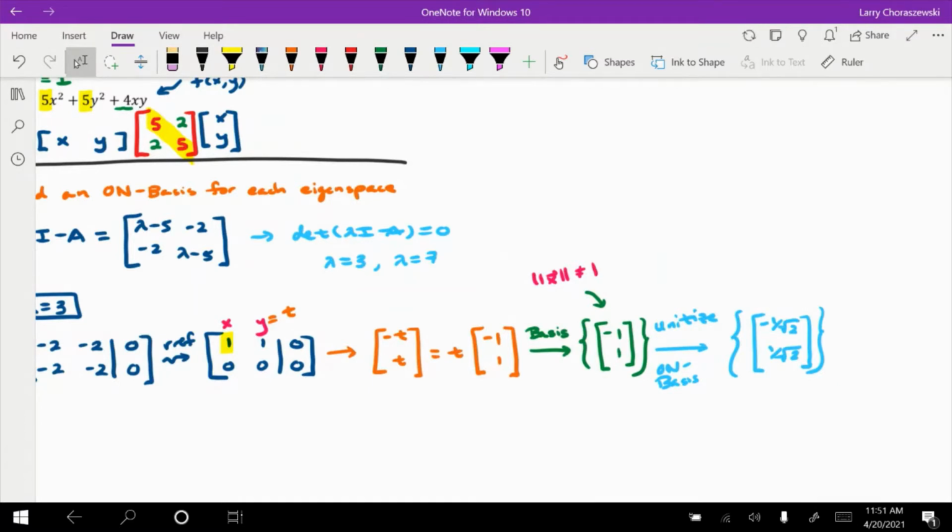Now, I'm going to make mention of something else. This actually isn't the only basis vector that has a norm equal to 1.